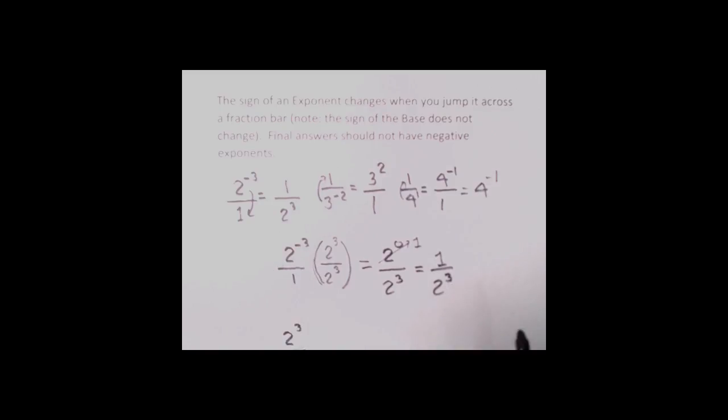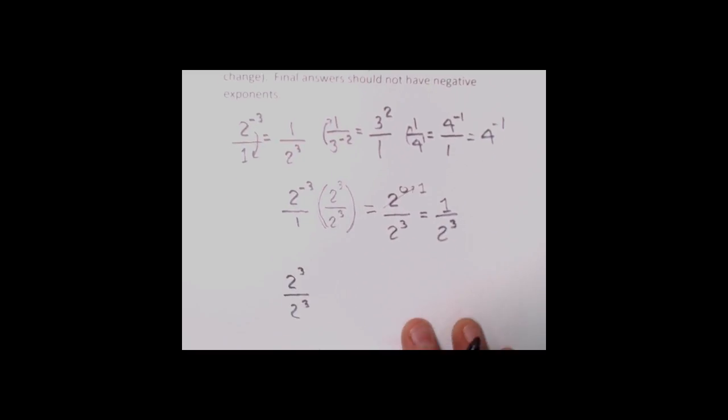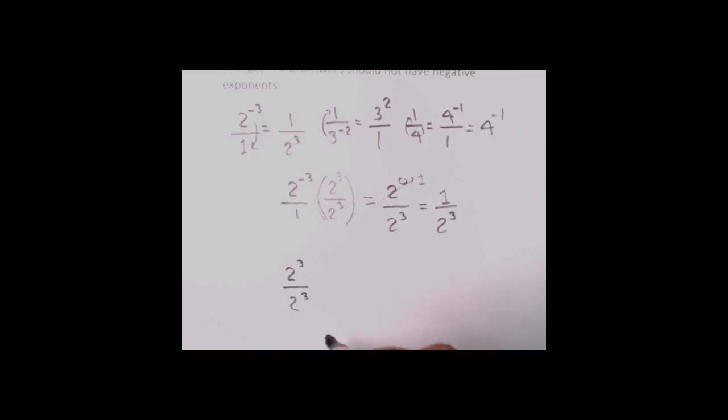Now, speaking about this 2 to the 0 power equals 1, let's look at this example down here in the bottom where I've got 2 to the third over 2 to the third. Now, what I'm going to do is take the guy in the bottom and jump him upstairs. Now remember, we already had the 2 to the third upstairs.